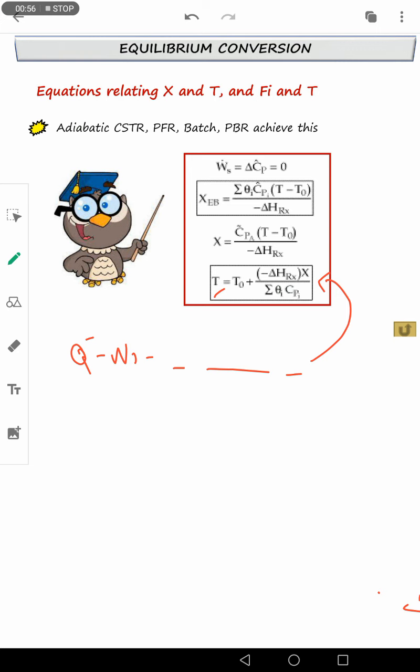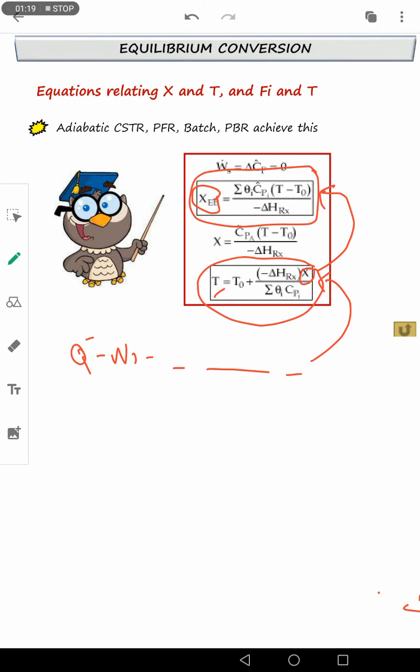Tapi kalau equation ni you jadikan X sebagai subject of equation, dia akan simplified to be this equation pula. So maksudnya X ni sebagai subject of equation kan. So X ni kita panggil X from energy balance.